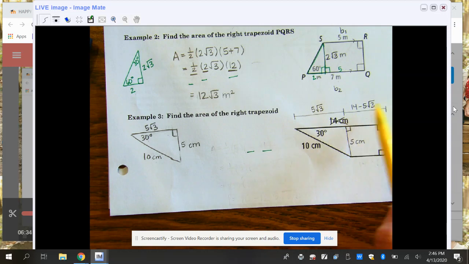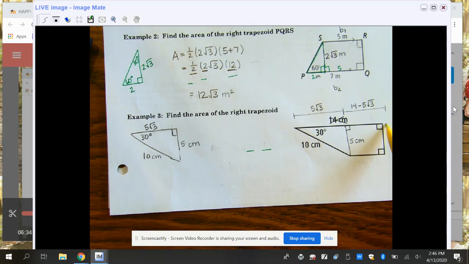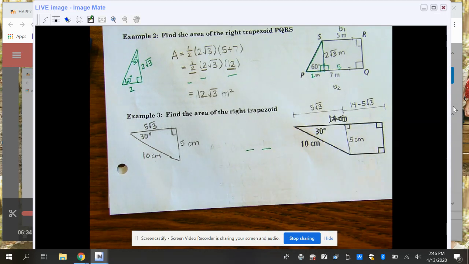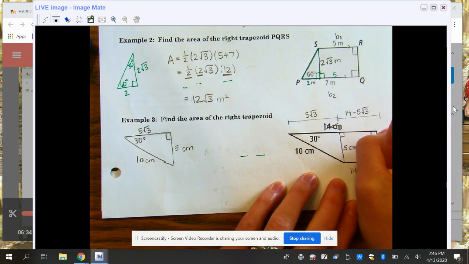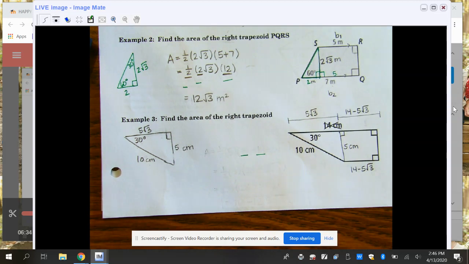Now we had to find that, but we're still subtracting the part from the whole. So then I can go down here and label this other side as 14 minus 5 radical 3. Now the algebra here is going to be a little bit messy. It's not going to be the prettiest looking answer, but it's going to be a great way to practice the distributive property, work with radicals, etc.